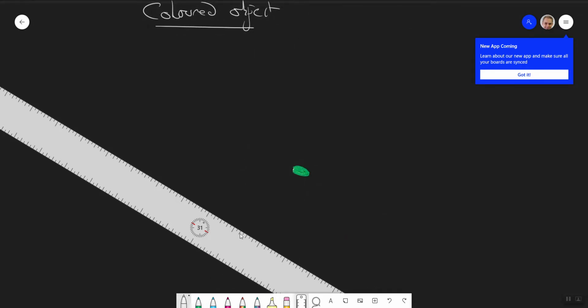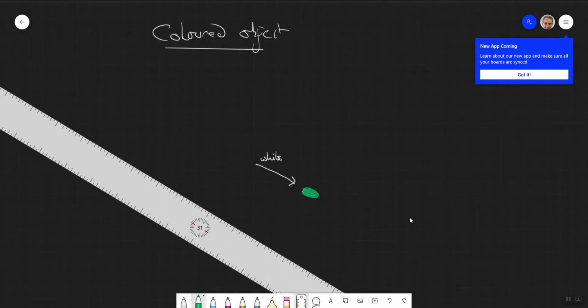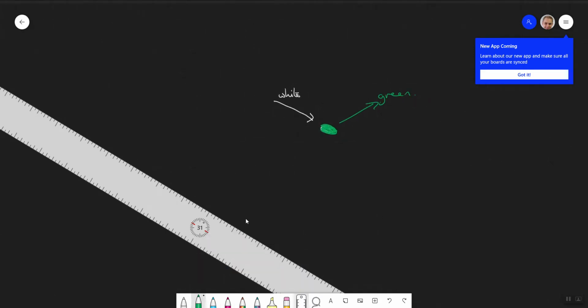Well, if we illuminate it with white light, that's great. There is green in white light, so we'll reflect that green, and we're going to be able to see it as green. Fantastic. Okay, now if we illuminate it with green light, again, that's fine because there's green light there, so green will reflect.